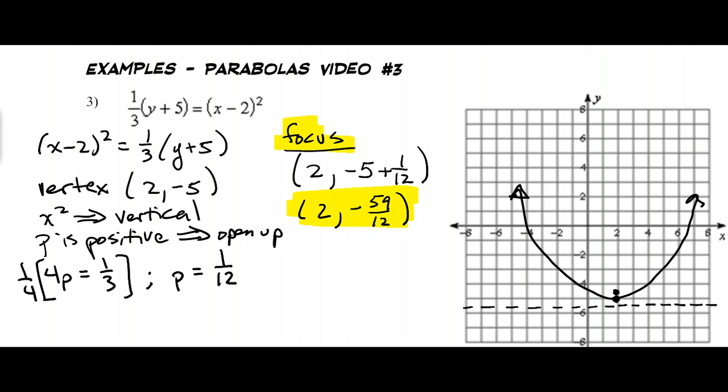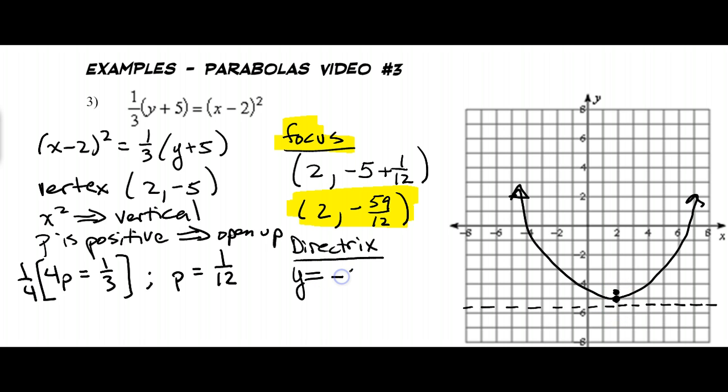And we also need the directrix. Okay, the directrix is a line. We can see that this line goes through the y-axis, so it has to have an equation of y equals, and it's going through the y-axis 1/12, the distance of p, 1/12 below -5.